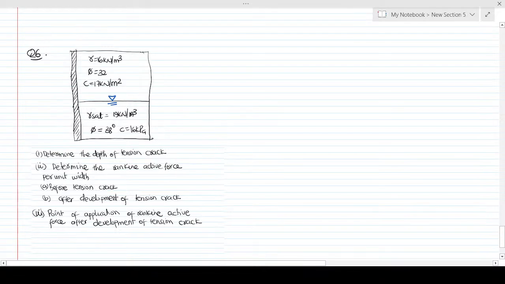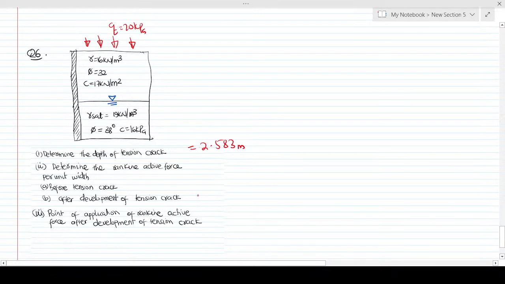In this case, the depth of tension crack is equal to 2.533 meters. Remember, there's a surcharge here. The surcharge is 20 kilopascal. So this will be it.